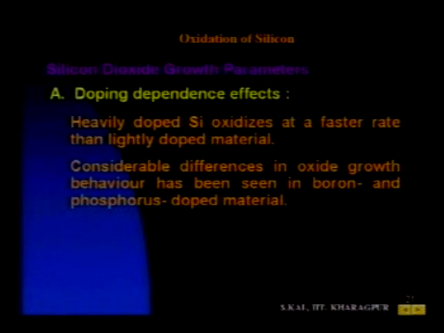If you remember the cross section view of the silicon wafer processing, then after emitter diffusion has been done in case of bipolar process, then what is the next stage? The next stage is the contact window formation, and for that you are going to have some oxide layer over the entire surface of the silicon crystal.